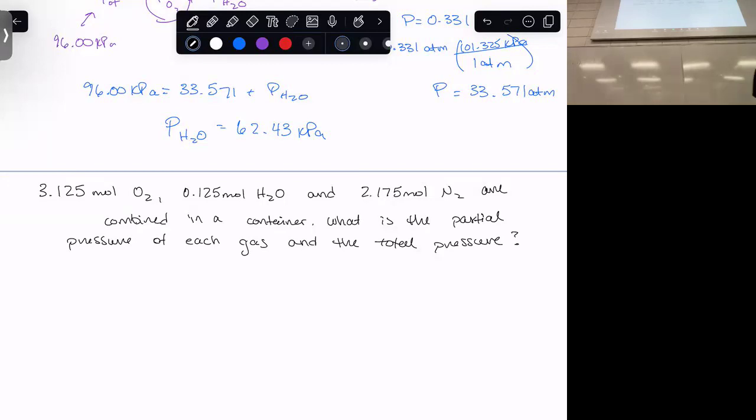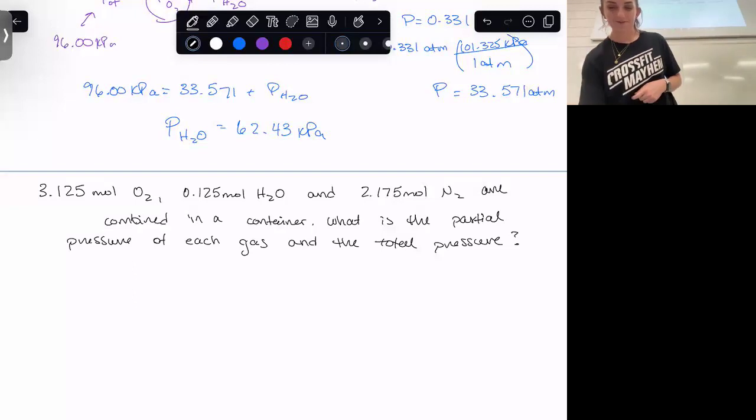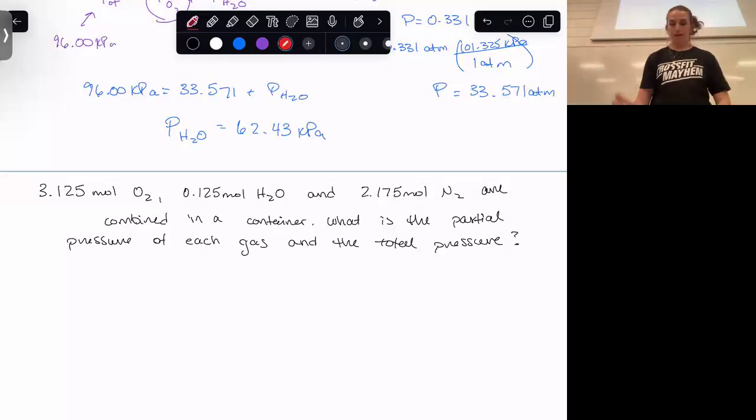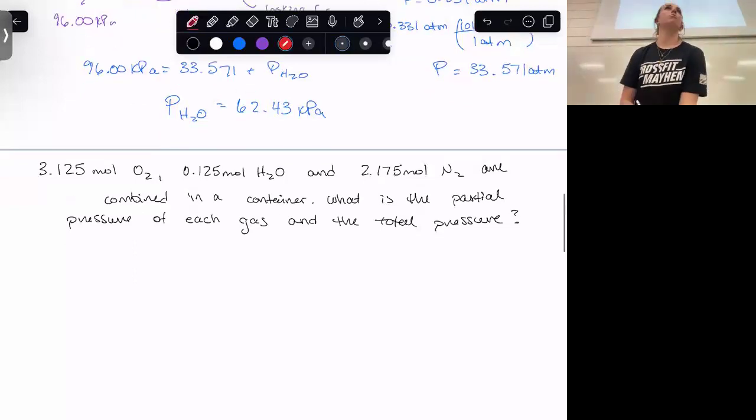So this is where the funky X comes into play. We know that, because we're looking for mole fraction of things.